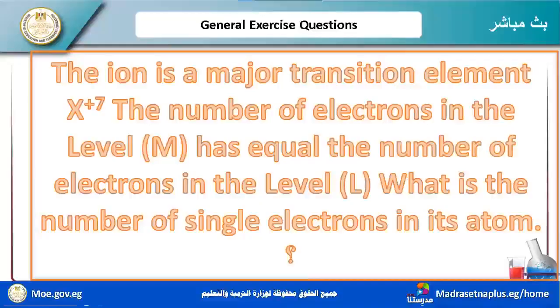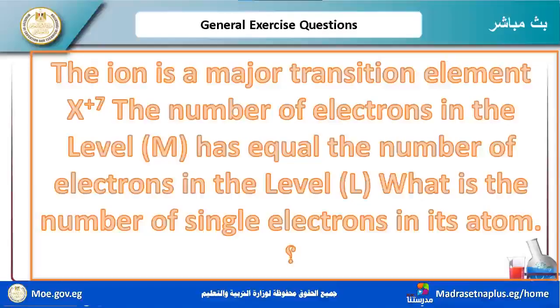Now this question, on this slide: the ion X positive 7 is a transition element. The number of electrons in level M equals the number of electrons in level L. What is the number of single electrons in the atom?